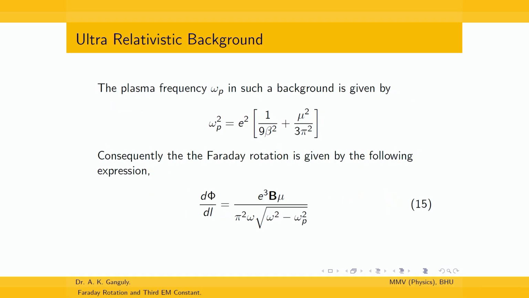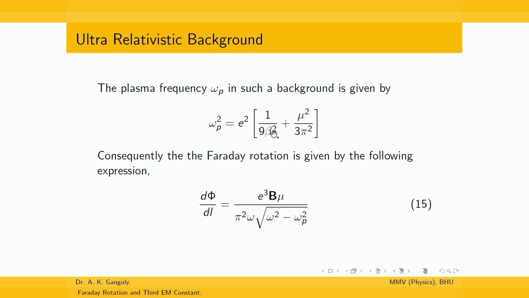Similarly, if you go to an ultra relativistic background, now you can see that in the plasma frequency expression the mass is not there. So, in this particular situation, the Faraday rotation is not only proportional to the magnetic field, it is also proportional to the chemical potential and temperature and chemical potential square coming in this form.